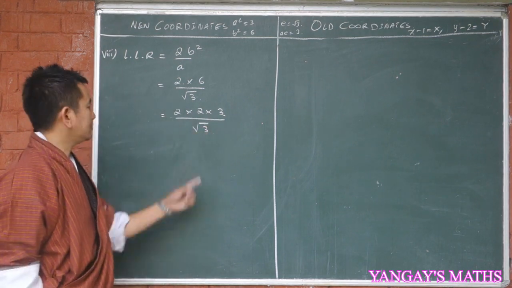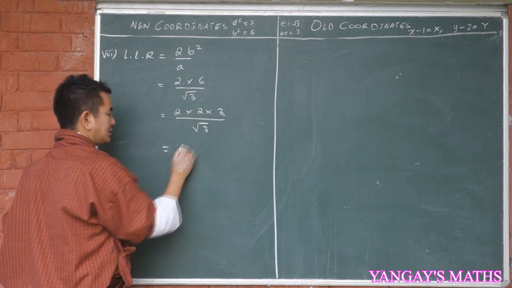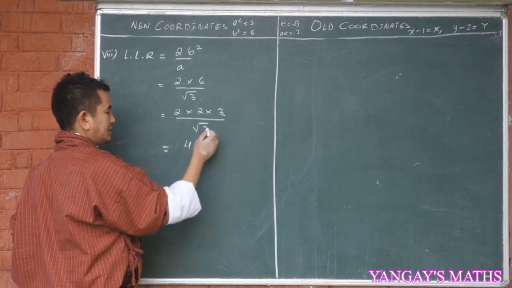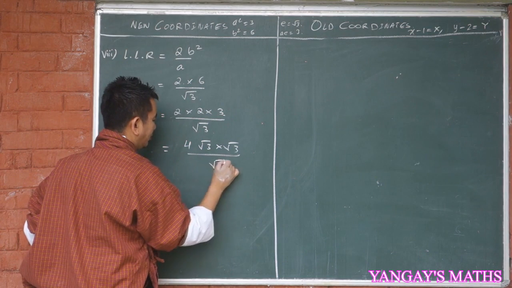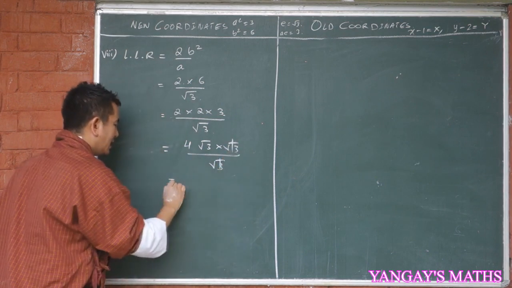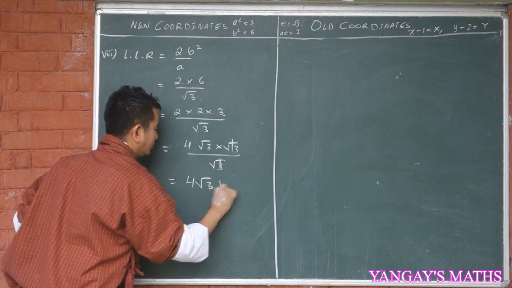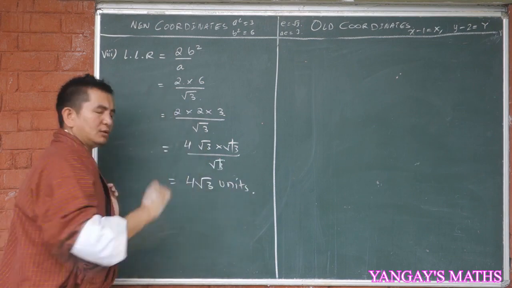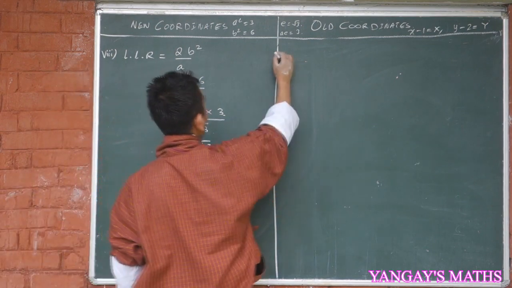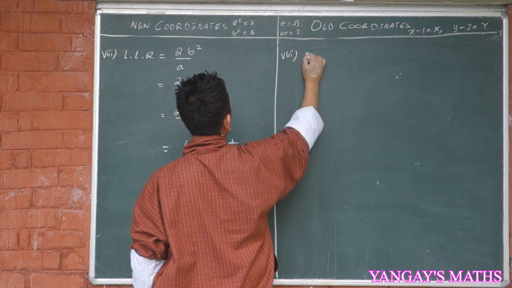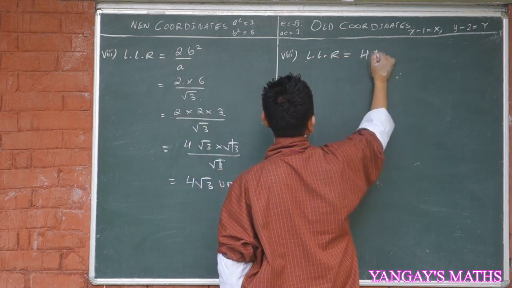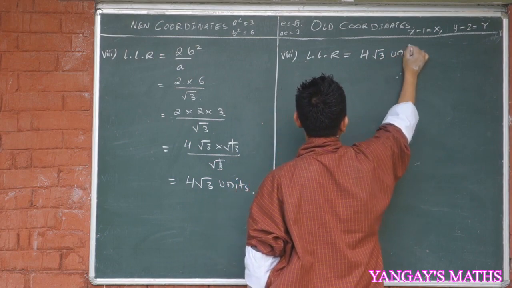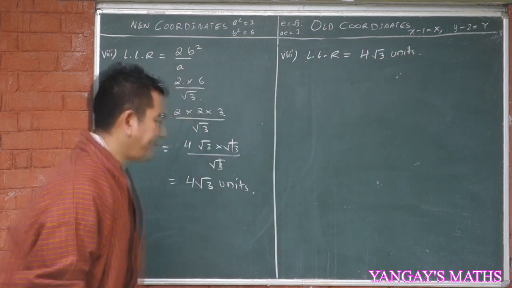Is that right? 2 times 3 becomes 6. So we have 6 over root 3, which is root 3 times root 3 divided by root 3. This will get cancelled. So we have 4 root 3 units. This becomes the length of latus rectum. What about this side? The length of latus rectum on this side remains the same, 4 root 3 units. I hope you get it. It remains the same. Okay.